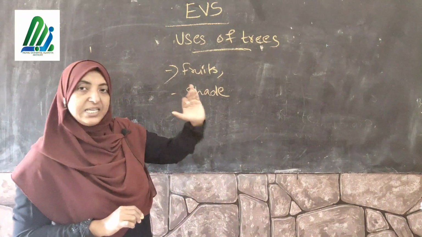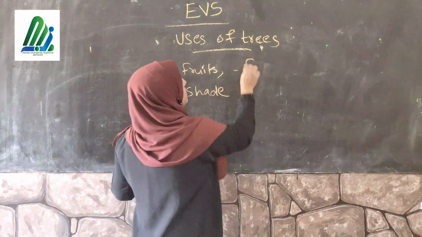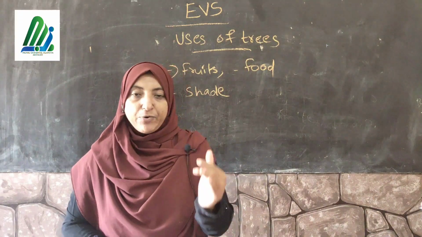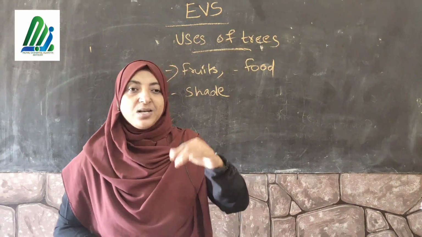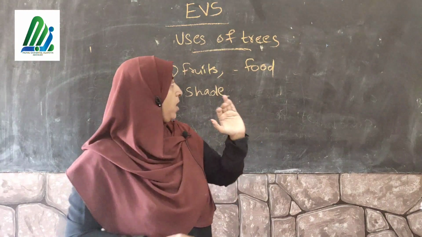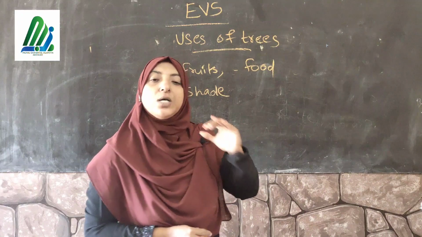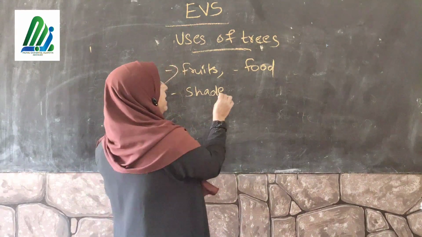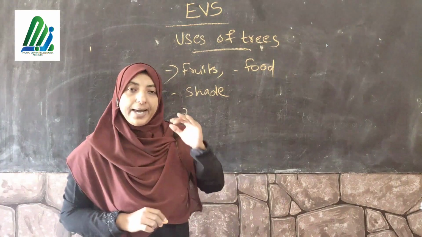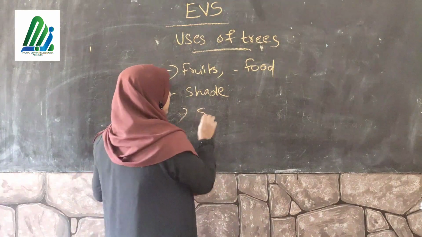Fruits, we can change that word to say trees give us food, because a mango tree gives us mango, a jackfruit tree gives us jackfruit, and some other trees and plants also. So, commonly we can say trees give us food. Then it provides us shade. Then another point, it gives shelter.